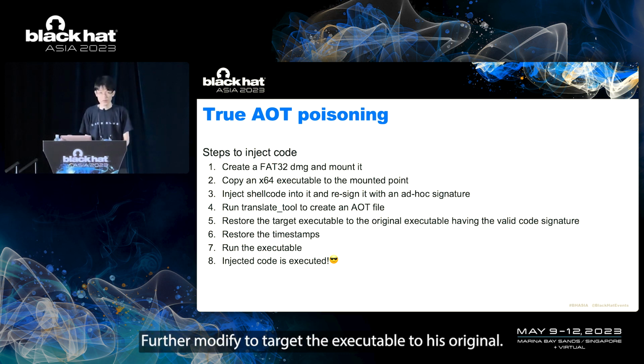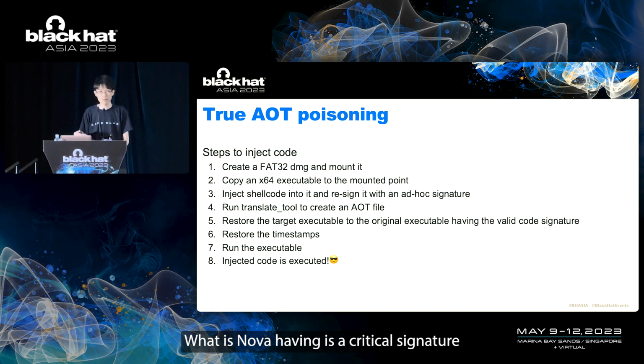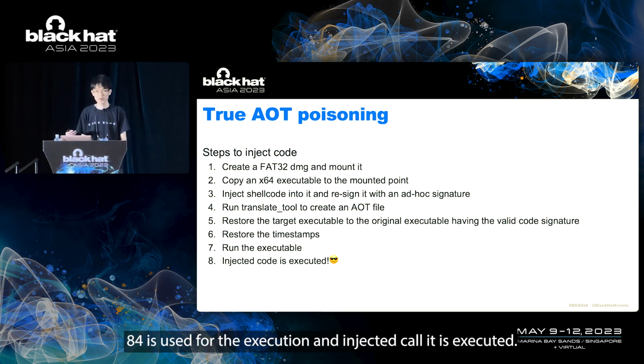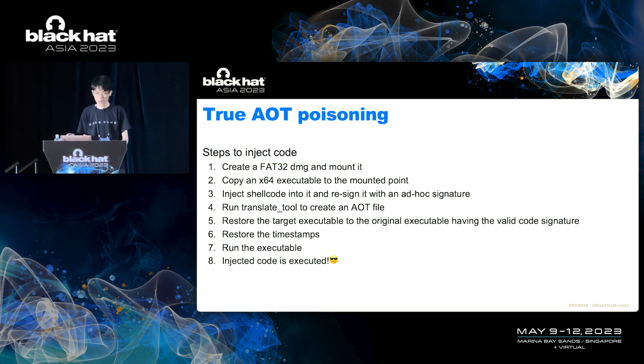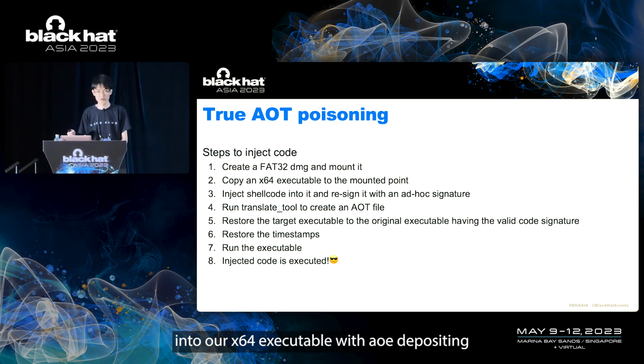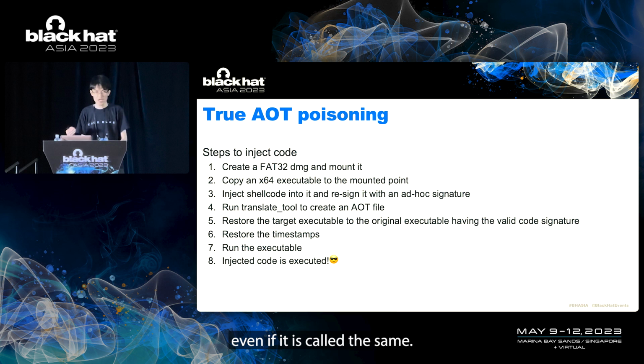After that, restore the modified target executable to the original one, having the valid code signature, and restore the timestamps also. Then run the target executable normally. So the poisoned AOT file is used for the execution, and the injected code is executed. Okay, so we can inject shellcode into an x64 executable with AOT poisoning, even if it is code signed.